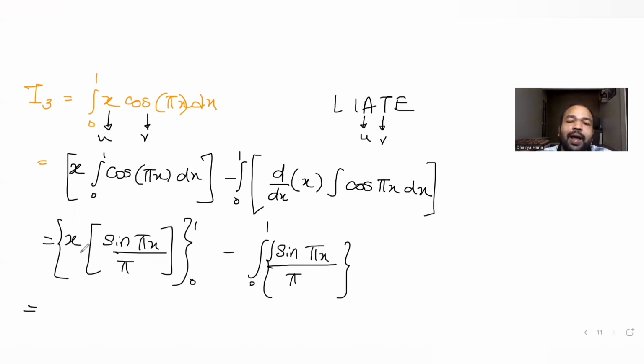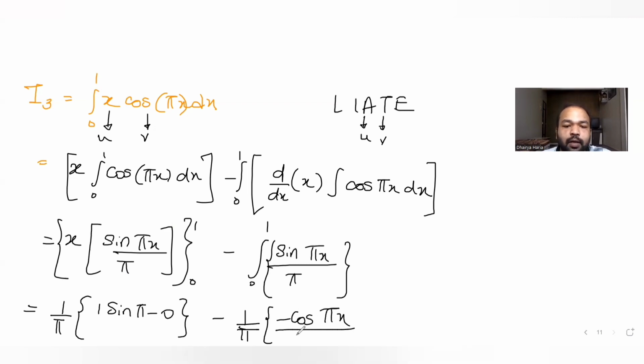If I put x being 1, it becomes sin pi by pi. Taking 1 by pi out, x into sin pi x, so 1 into sin pi, minus 0. Here you take 1 by pi out. The integral of sin pi x is minus cos pi x upon pi, again with the limits from 0 to 1.